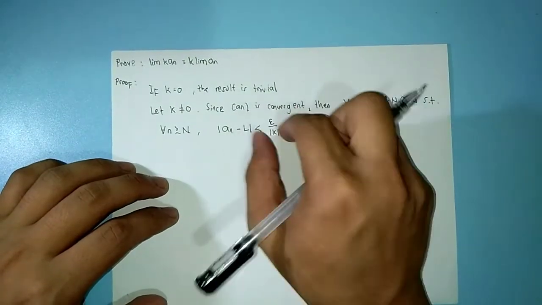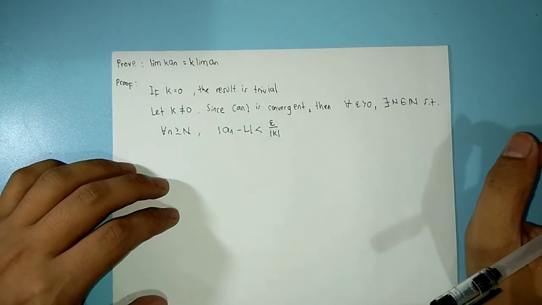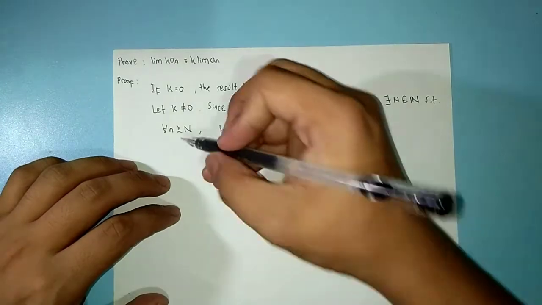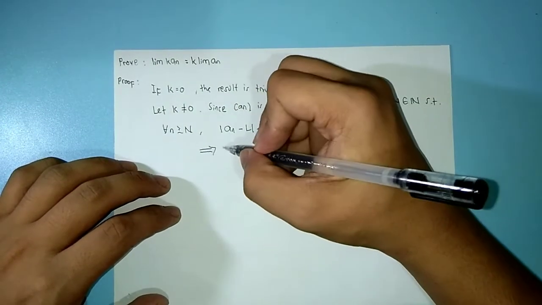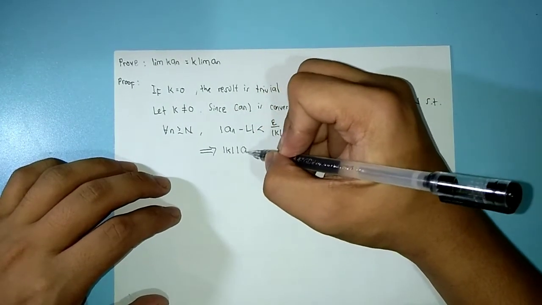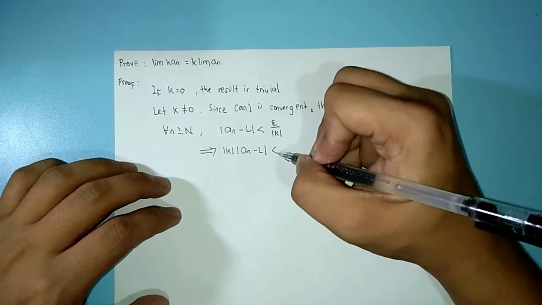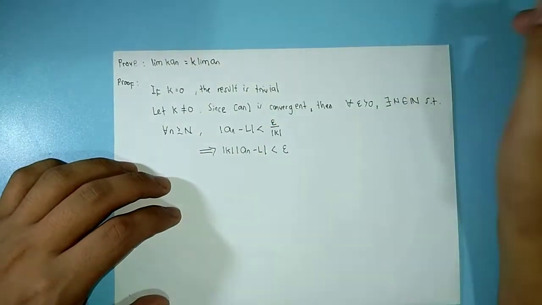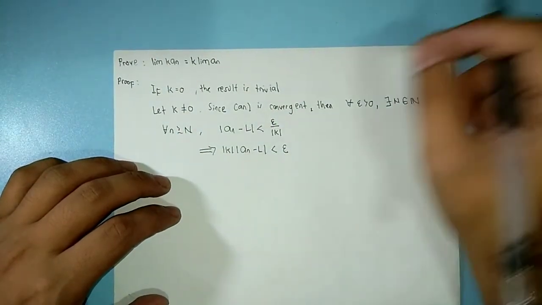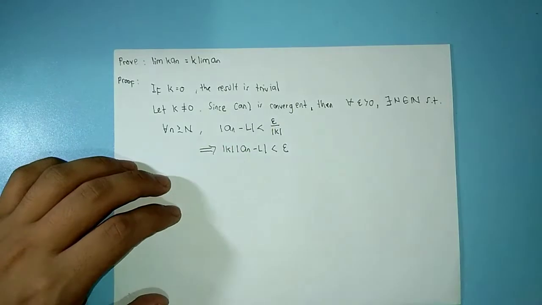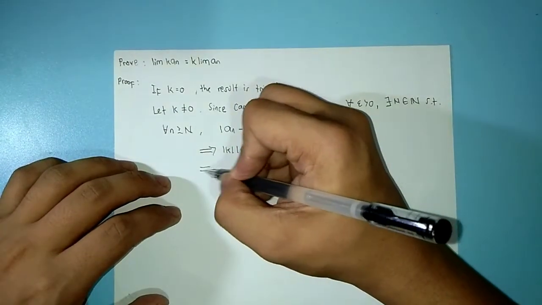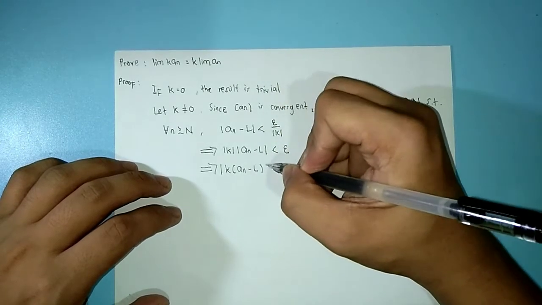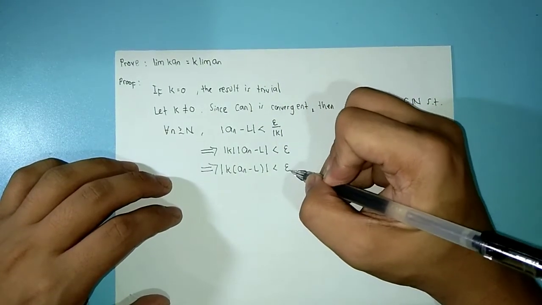Now, kapag minultiply ko both sides by absolute value of k, since absolute value is always positive, hindi mababago yung symbol, so this implies absolute value of k times absolute value of a sub n minus L less than epsilon. Cancel yung absolute value of k dito. Okay? Now, by property of absolute value, pwede kong ipasok tong k sa loob. So magiging absolute value of k times the quantity a sub n minus L less than epsilon.